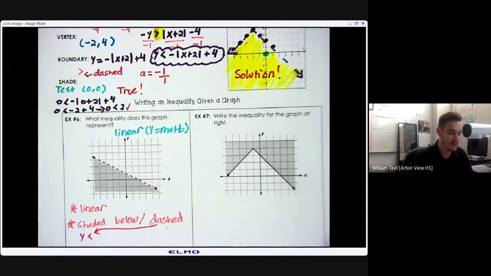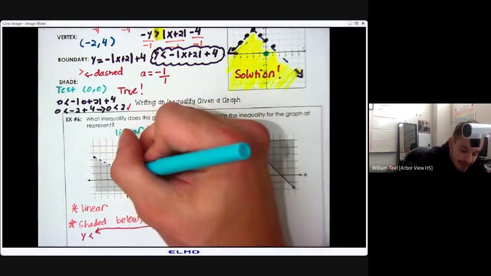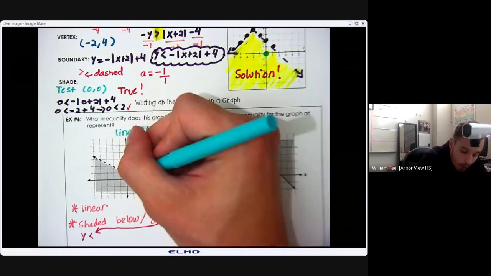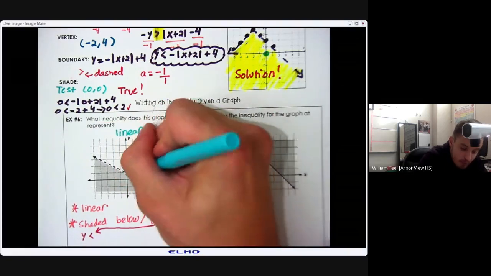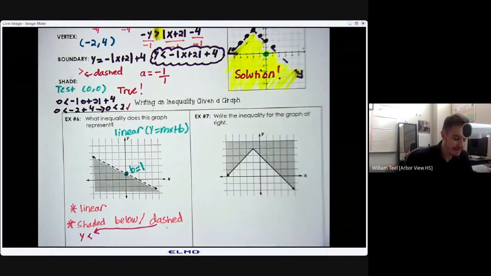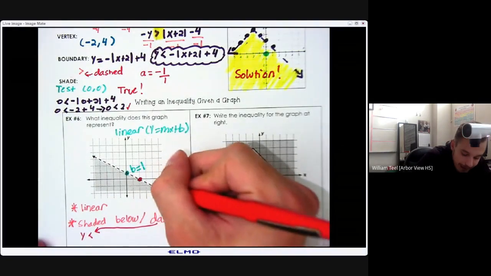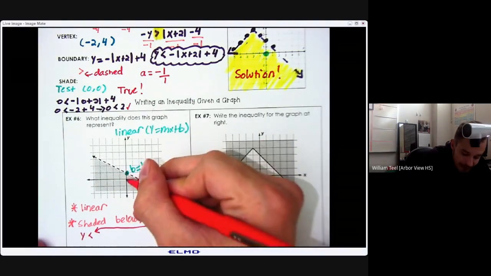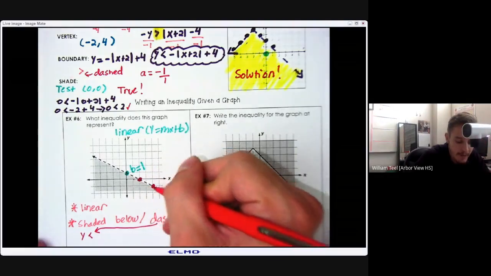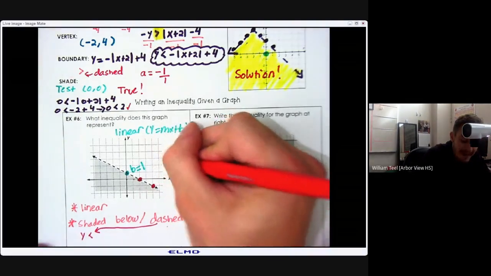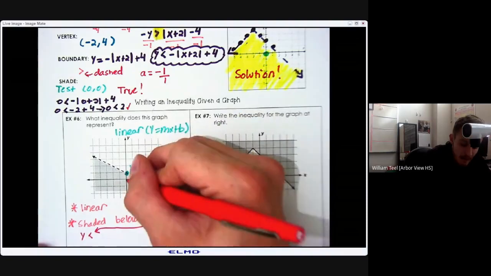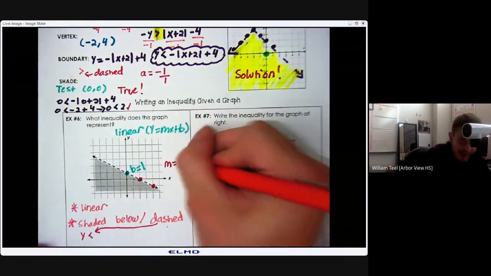Now we have to figure out what our slope and our intercept are so we can actually put that equation in. So y equals mx plus b, let's see what the intercept is. The intercept here is going to be 0, 1, so I have b equal to 1. And then let me find my slope. I see that this is a point, and I also see that this is a point. So my slope is going to be down 1 to the right 2, so m, my slope, is negative 1/2.